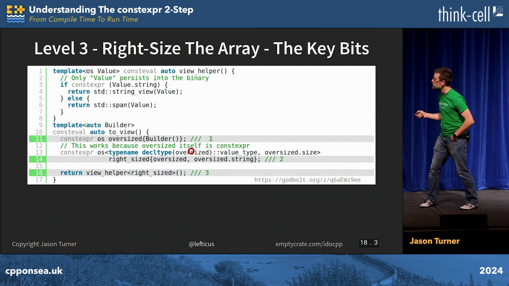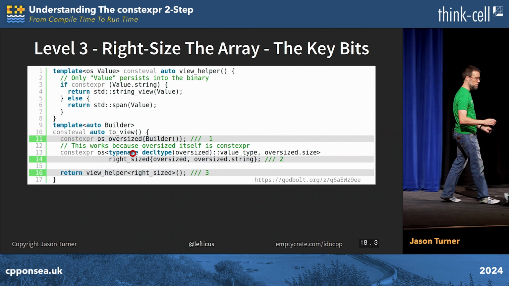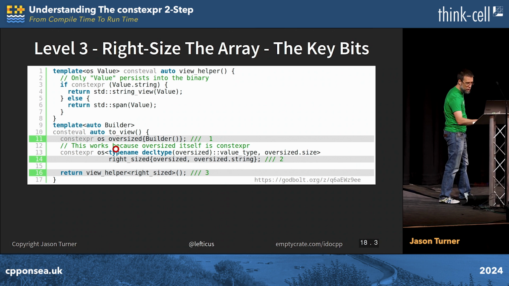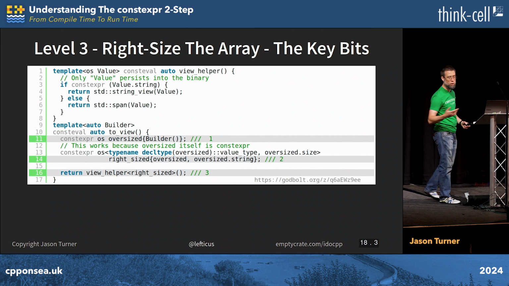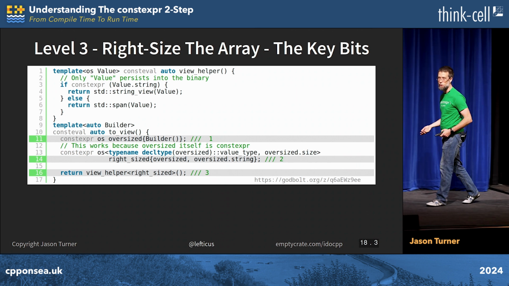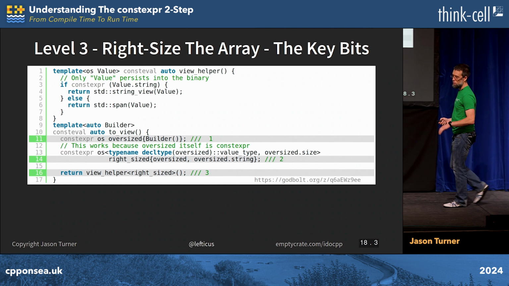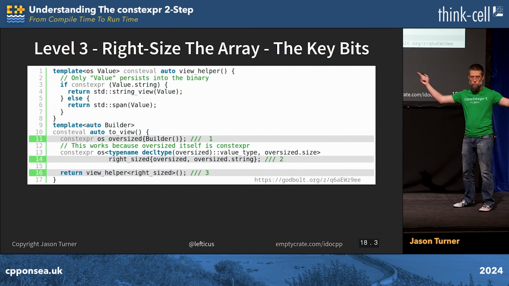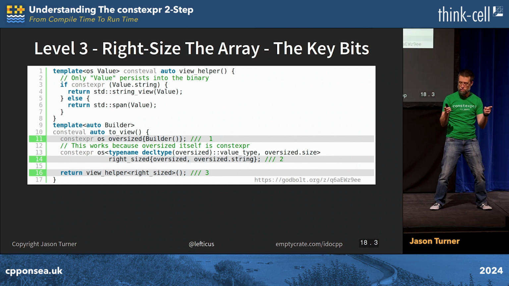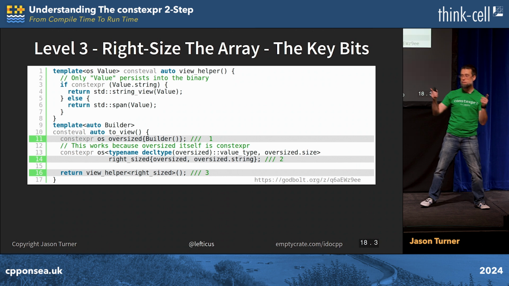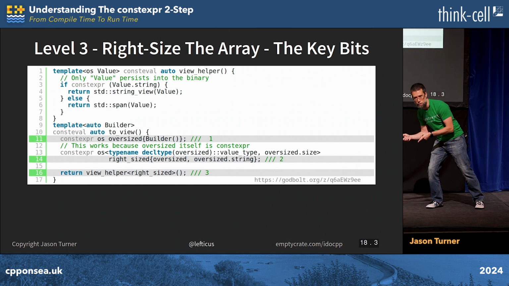The first template parameter is whatever the value type was of the first thing, so I don't have to do any of that work again. The second template parameter is oversized.size, which itself is now a constant expression. So I create the first thing that's oversized, then I create the second thing that's right-sized, and then I pass that to the view helper.